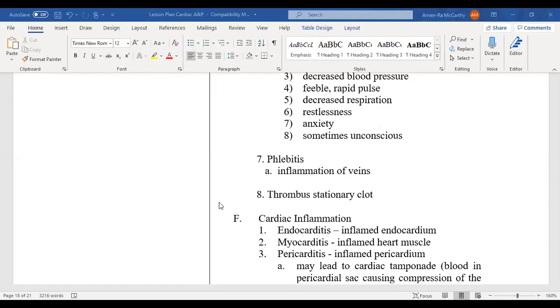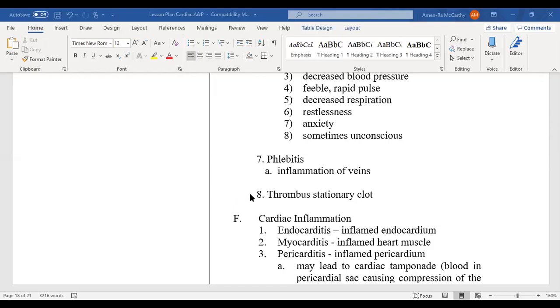But beside that, I want you to write a blood clot that becomes mobile is called an embolus. A clot that becomes mobile, that means a clot that's not stationary. This clot has detached and now it's traveling freely in the blood. That's called an embolus. Not S, it's E-M.